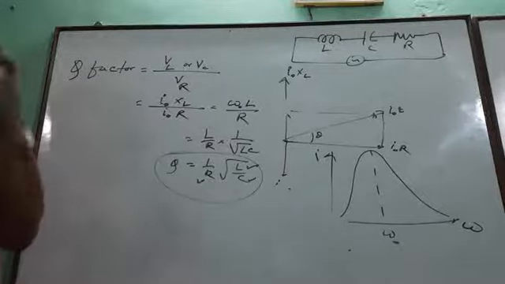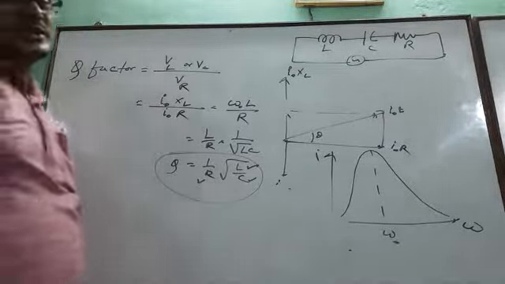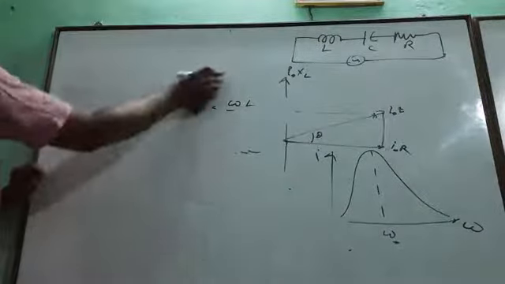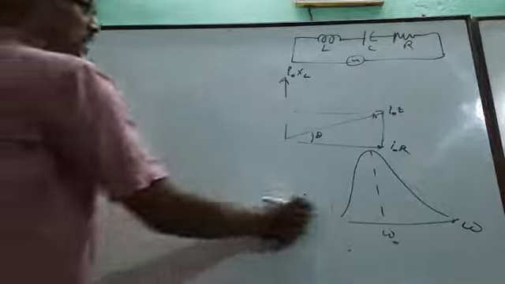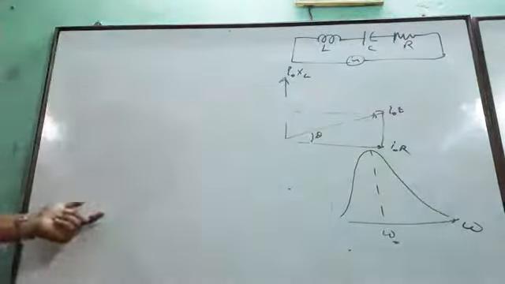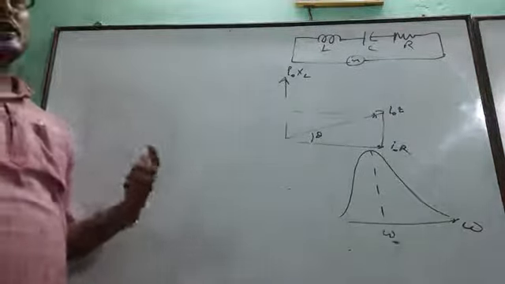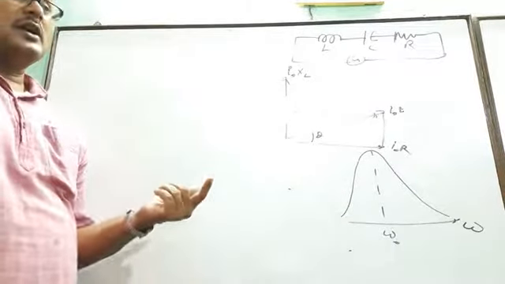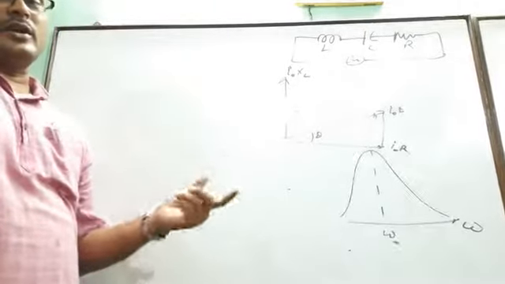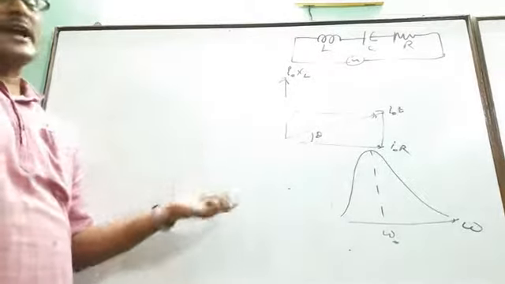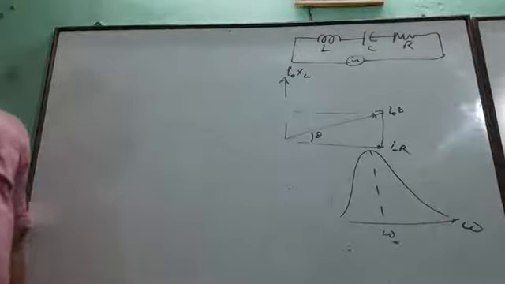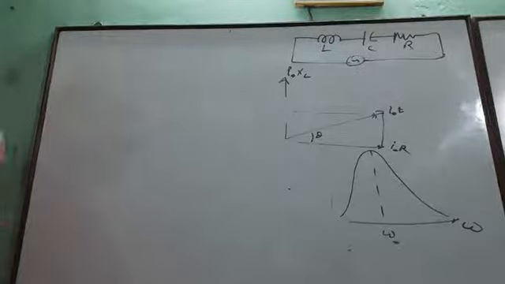Now if we connect these three components in parallel, then what will happen? In the resonance circuit, the current is maximum, so we can say that this is called an acceptor circuit. Now a rejector circuit also we can establish by connecting the components in parallel combination.